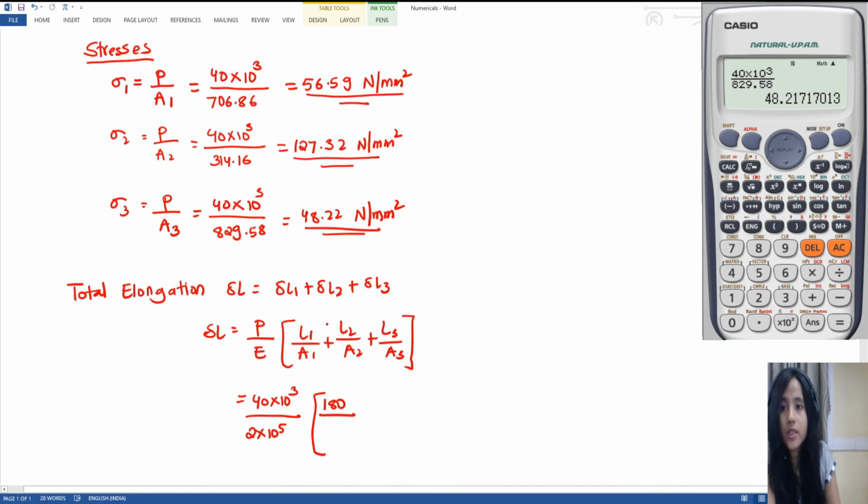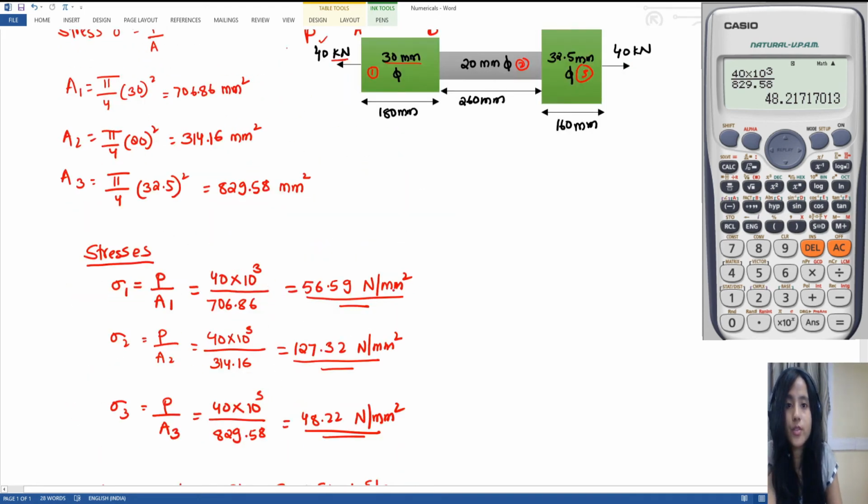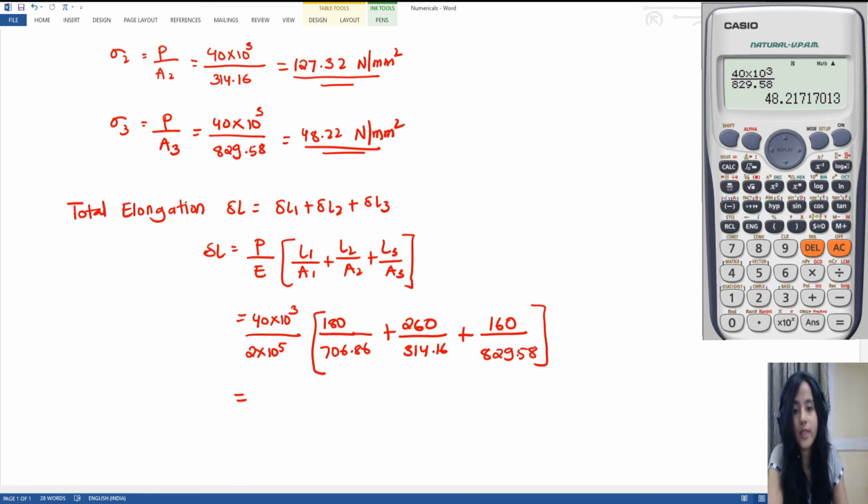Area 1 is 706.86, plus L2 is 260 divided by area 2, which is 314.16, plus the third length is 160 divided by 829.58. So let us find.